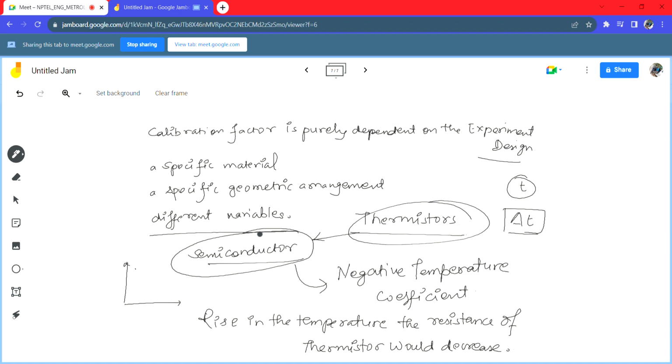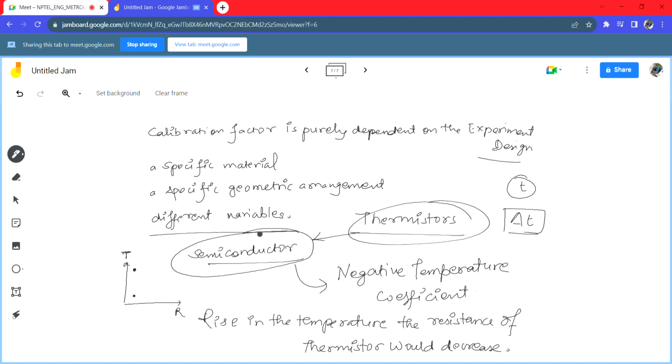Let's say this is my temperature scale and this is my resistance scale. With the rise in temperature, the resistance would decrease. So for a very high value of temperature, we would have a very low value of resistance.